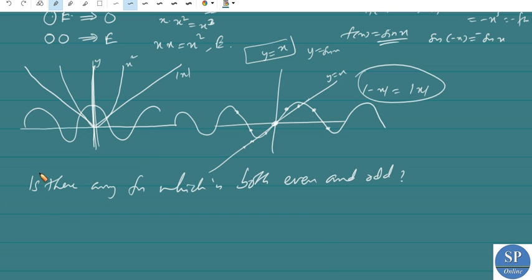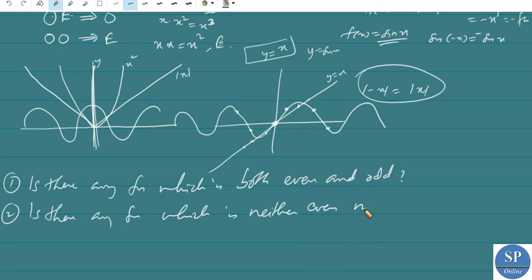Another question: is there any function which is neither even nor odd? Can we find a function which is neither even nor odd?